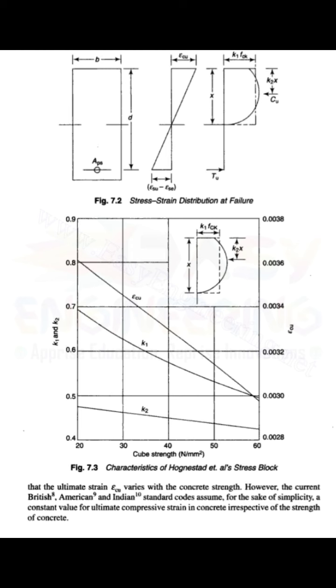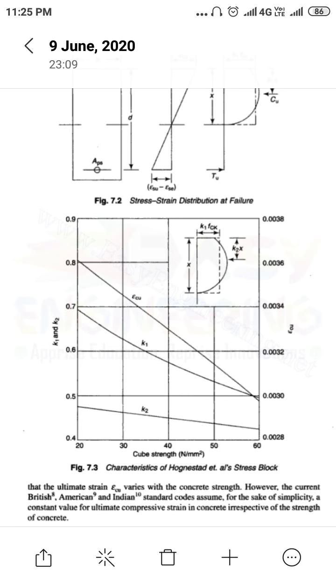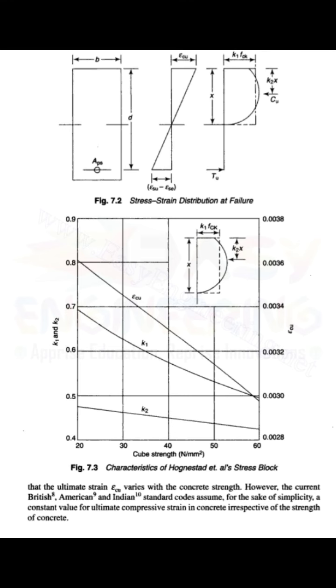A line is drawn as an average, so the cut portions, the extra negative and positive portions, will be equivalent. If you take it as a rectangle, the parabolic portion is idealized into a rectangular section.